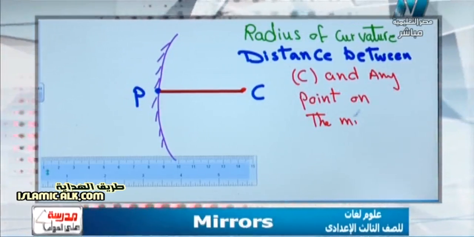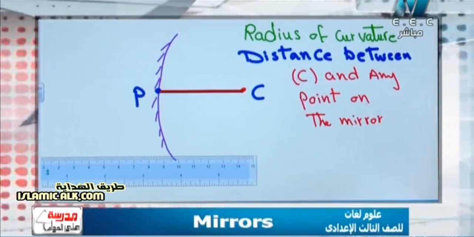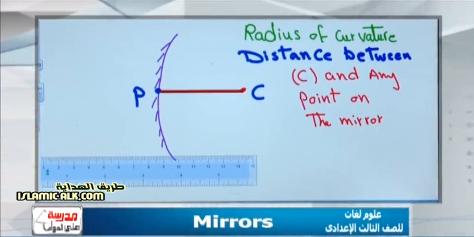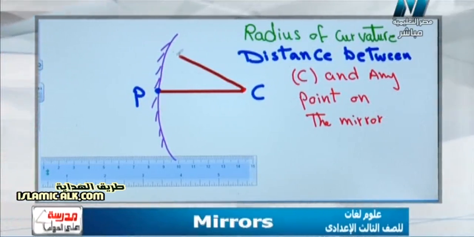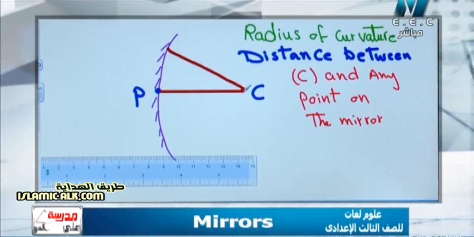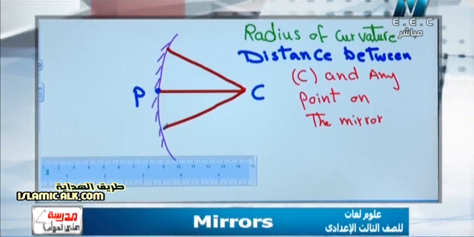How is that? Because we can measure the distance from C to this point as another radius. So here we have another radius.